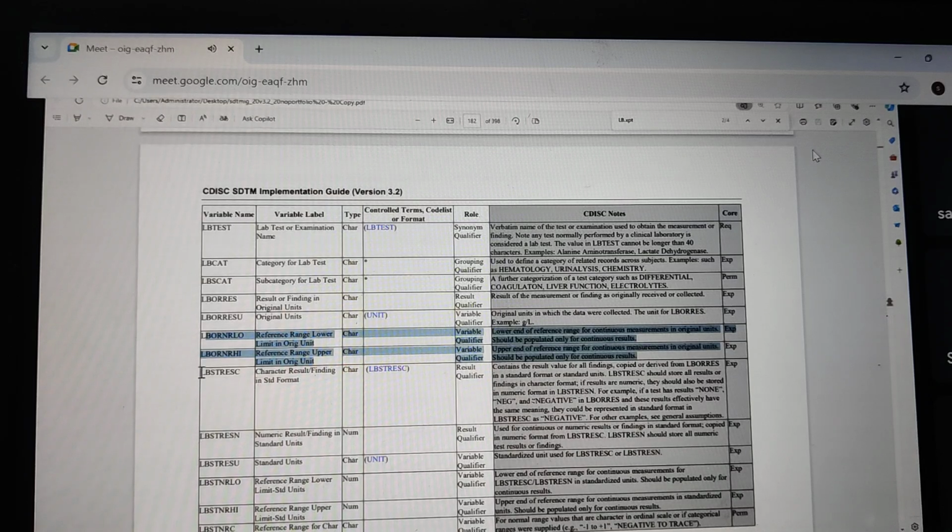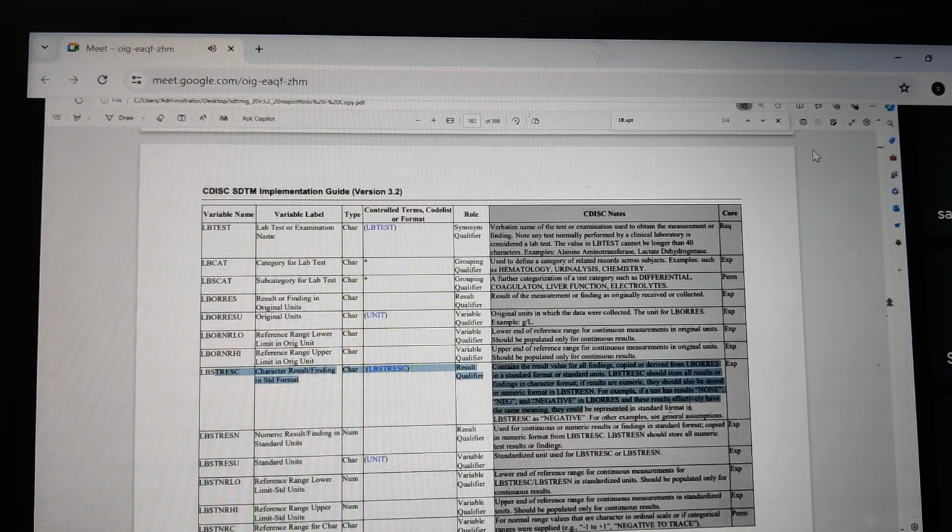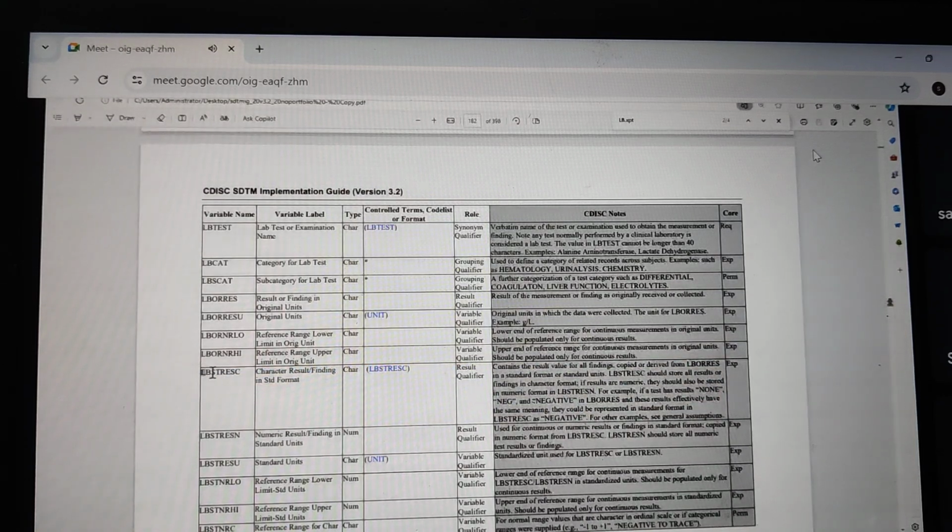So then LBSTRESC is nothing but the standard results in character format. Here in LB, very commonly, to get from original results to standard results we might have to convert using the conversion factor. What is a conversion factor? We have already seen it while discussing vital signs.